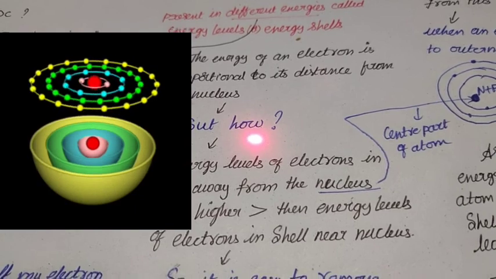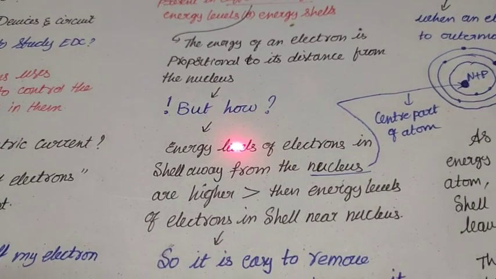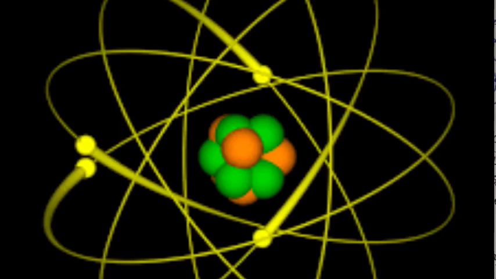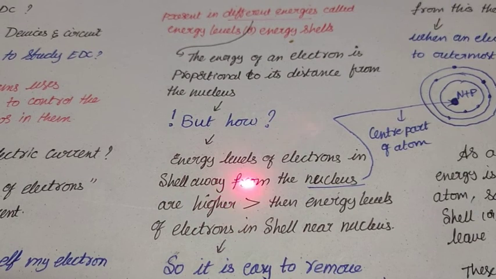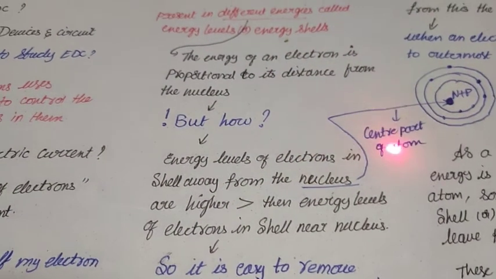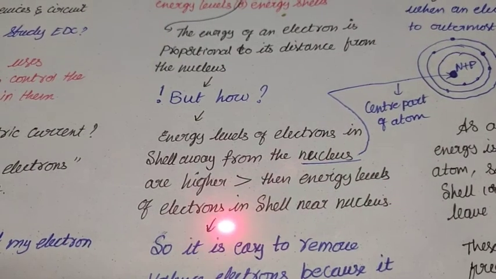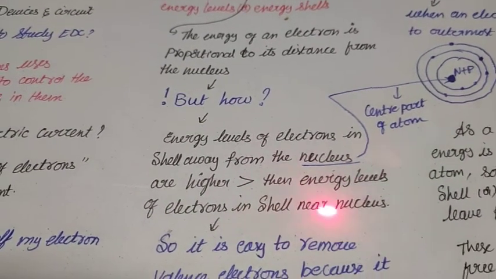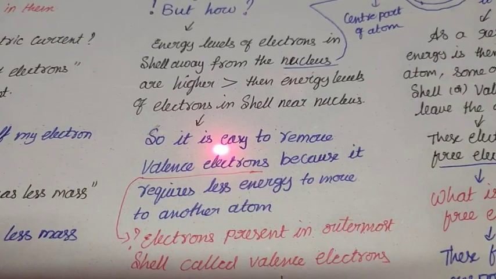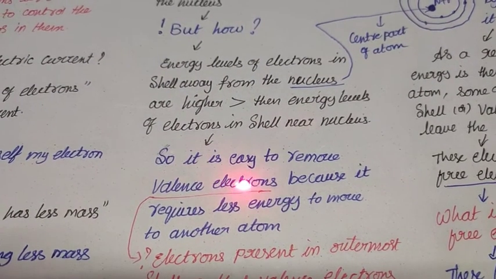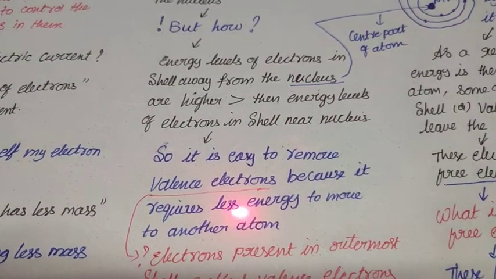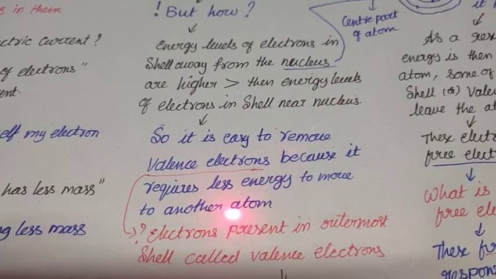You have to ask yourself so that we can gain knowledge. Energy levels of electrons in cells away from the nucleus are higher. It means cells far from the nucleus have higher energy than the energy level of electrons in cells near the nucleus. So it is easy to remove valence electrons because it requires less energy to move to another atom.